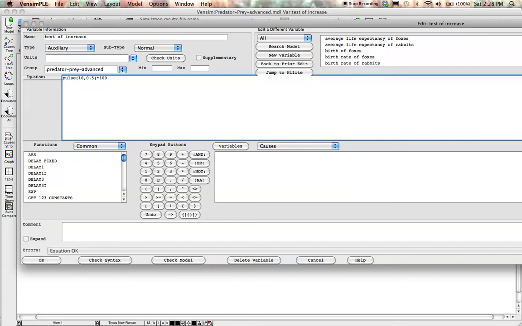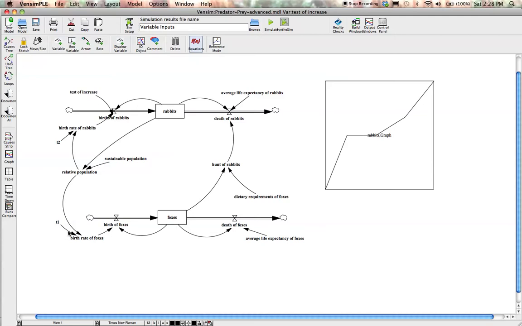And the size of the pulse is 100 rabbits. So the idea is that there's an intervention, and the intervention is to add a sudden pulse of rabbits into the system. Okay, we're going to see what the impact of that is. So that's one of the features in this model.